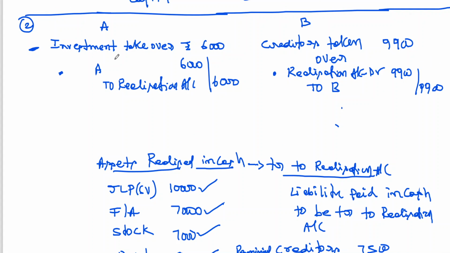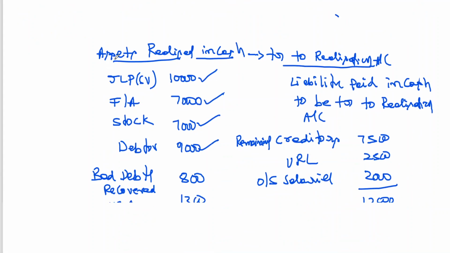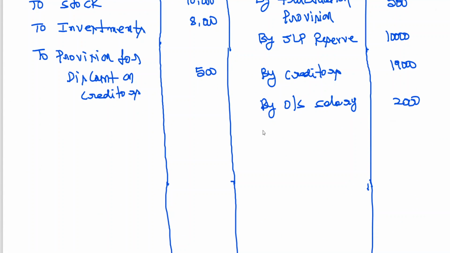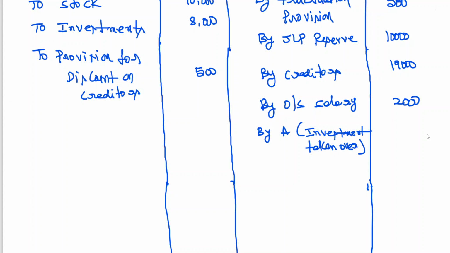Investment taken over by A to realization. By A, investment taken over. Investment taken over for how much? 6,000 rupees.